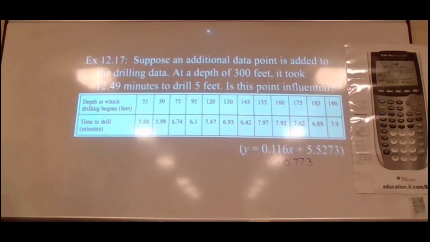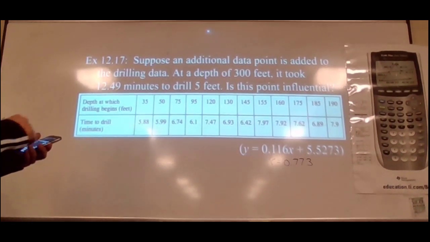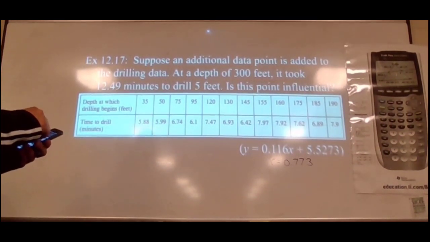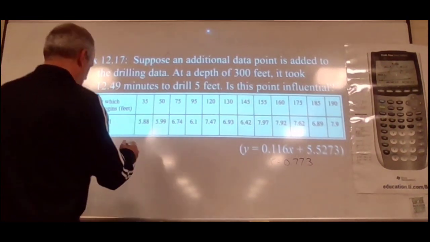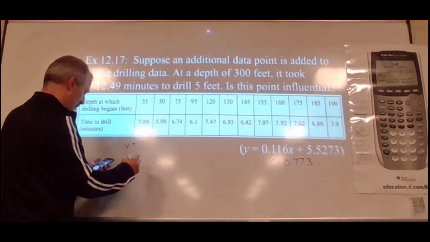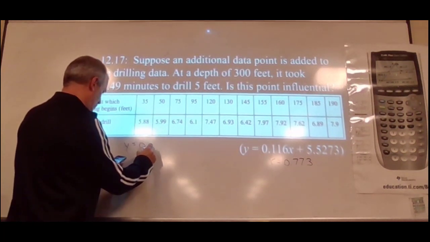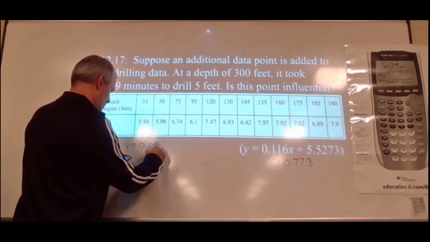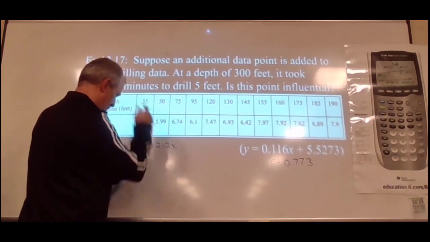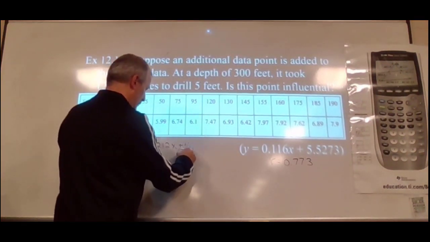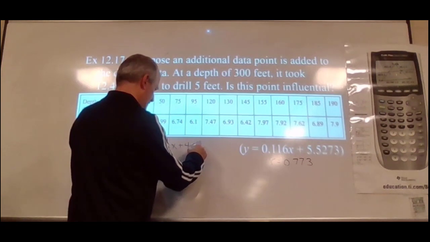So now we're going to find our new regression line. We're going to go Stat, then over to Calculate, and down to number 4 again. Does that make sense? After we put in that point, we'll do the new regression line. And I'm going to hit enter. And I'm getting this time y equals 0.0212 times x plus 4.443.